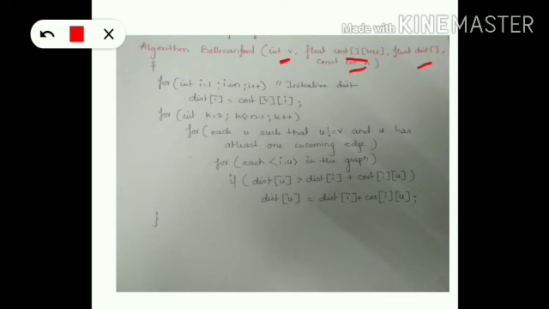So initially for all the vertices you are going to fill in the distance matrix. So dist of i is said to be the cost of the edge from the source v to i.